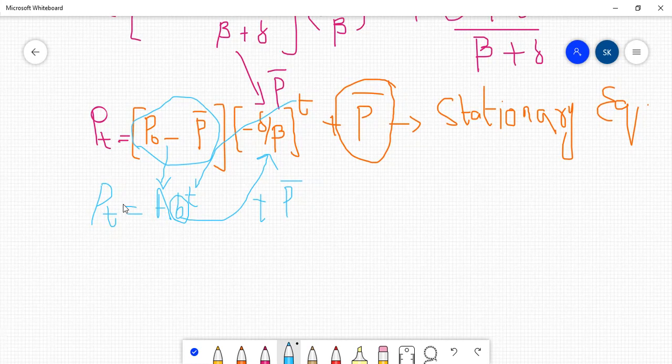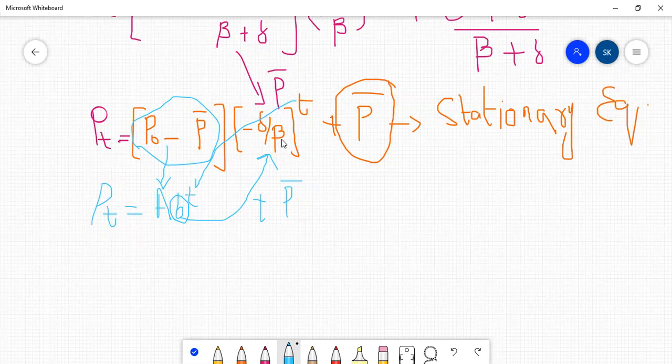Then the next is sigma upon beta, which corresponds to the component we have studied already. This sigma upon beta is an important component of AB raised to power T, and it is the B part of this term. So if beta and sigma are greater than 0, we will deduce an oscillatory time path.